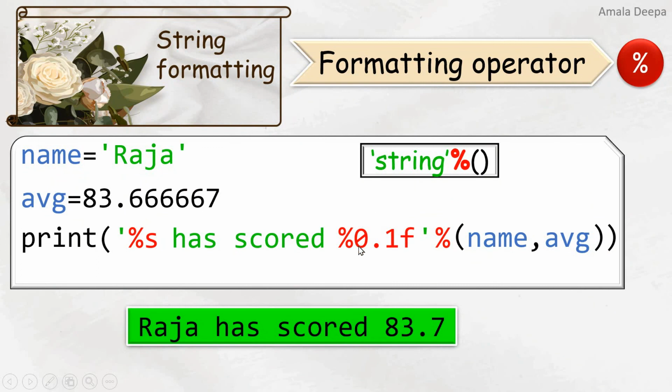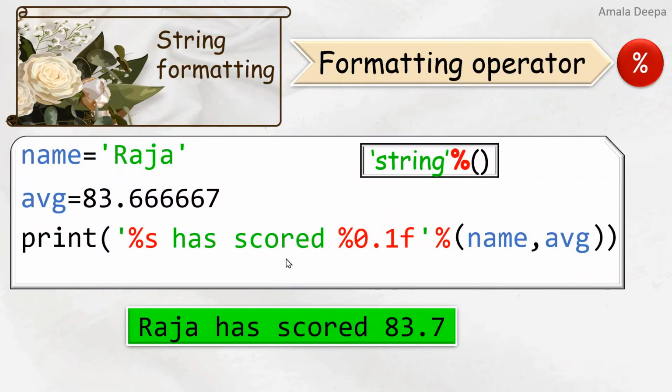See, I am asking for 1 decimal place by giving %0.1f. One decimal place would mean 83.6, but you can see from the output that you get a rounded value, 83.7. It is the rounded value for 1 decimal place. By using the percentage formatting operator, you can get rounded values also as the output.